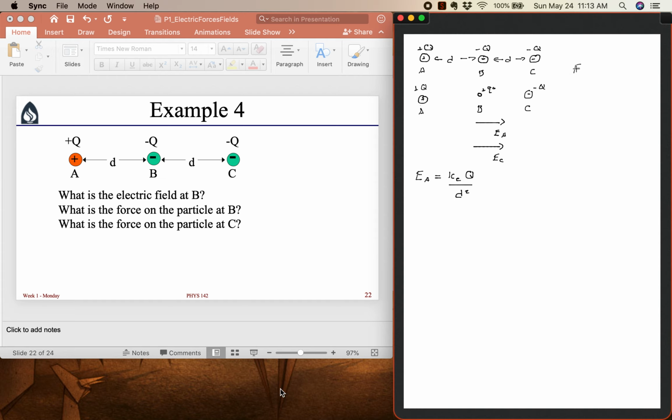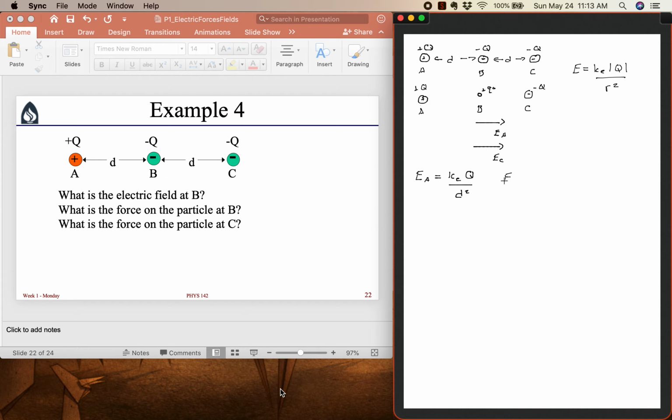Because, just to remind ourselves, the electric field amount is equal to Ke times the amount of charge, and this is the charge that's not at the location where we're finding the electric field, but it's the other one, over R squared. So that's the electric field that is made by charge A at this location.